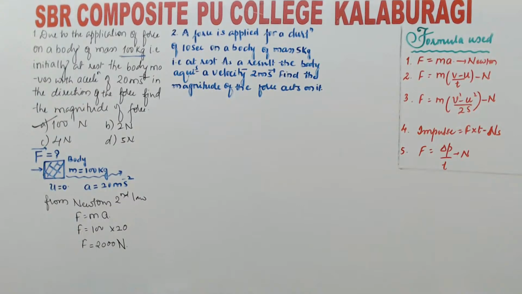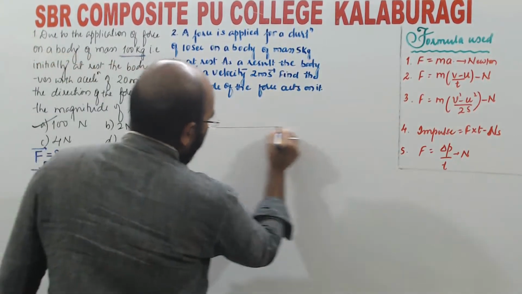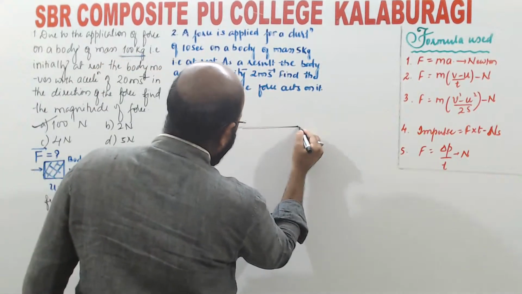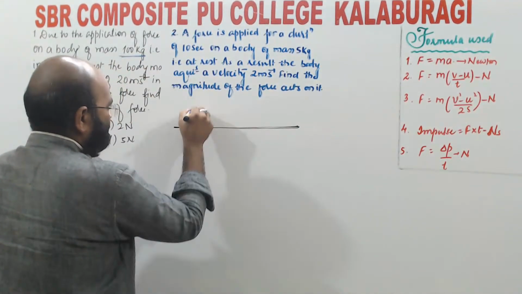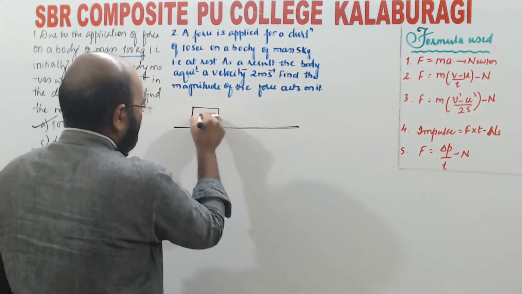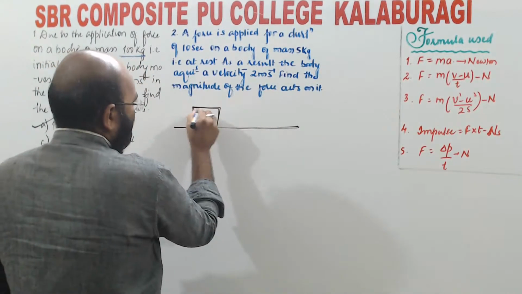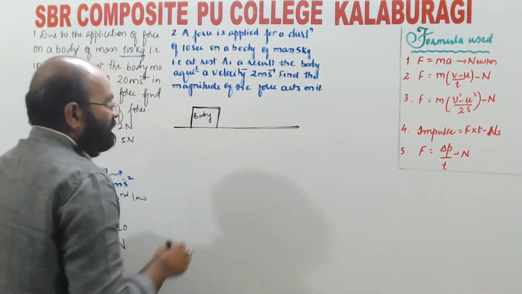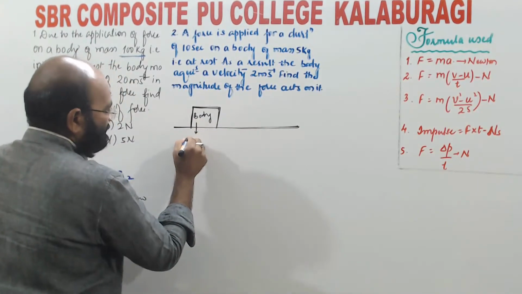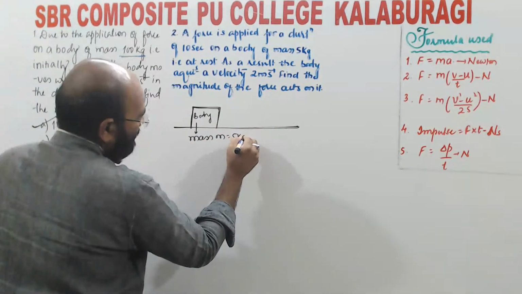According to this question, imagine this is a surface. On the surface, I place a block, which we call a body. A force is applied on the body. The mass of the body is m equals 5 kilogram.